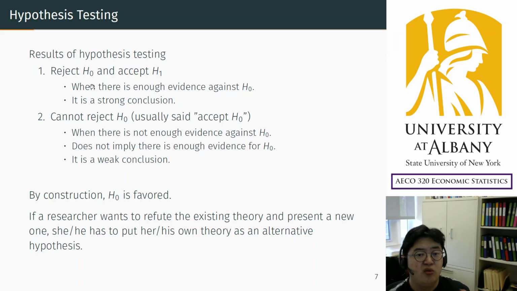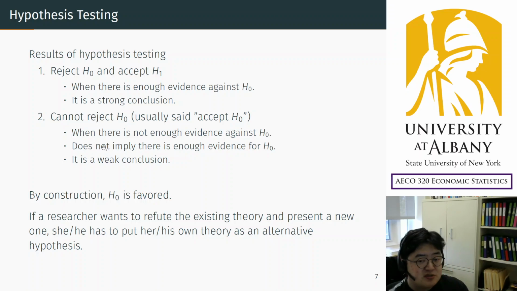You can reject it only when you have enough evidence, so you are certain that it is wrong. So when you reject the null hypothesis, it is a strong conclusion, implying there is evidence. However, even if there is no evidence, you cannot reject the null hypothesis.